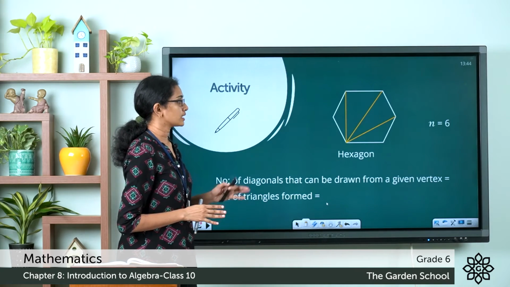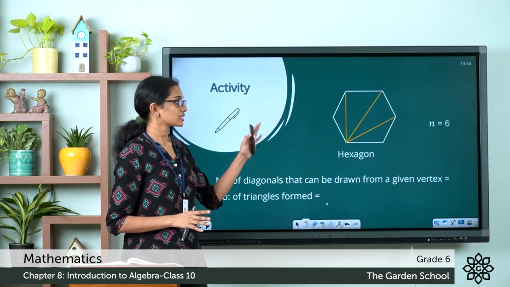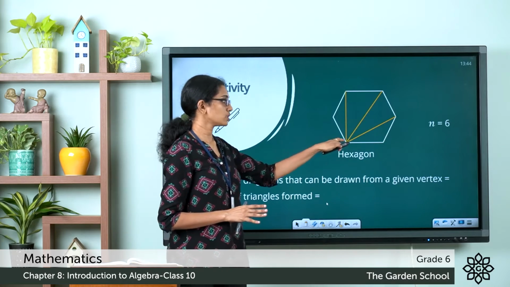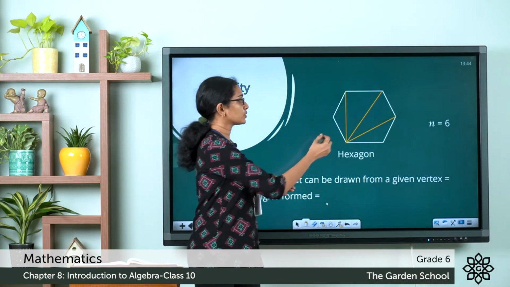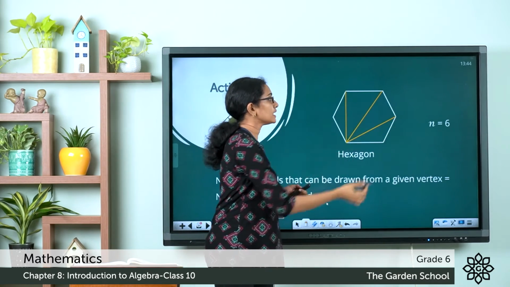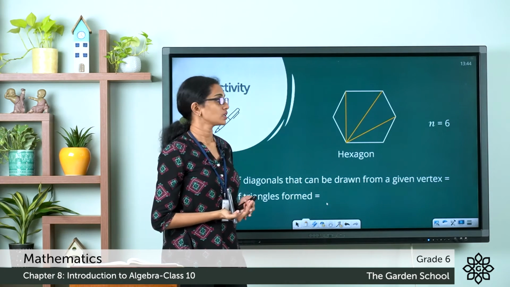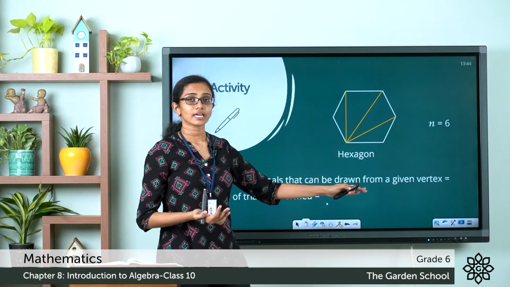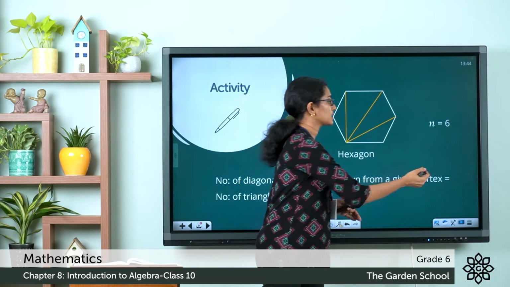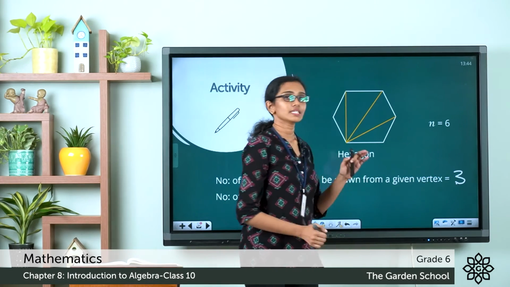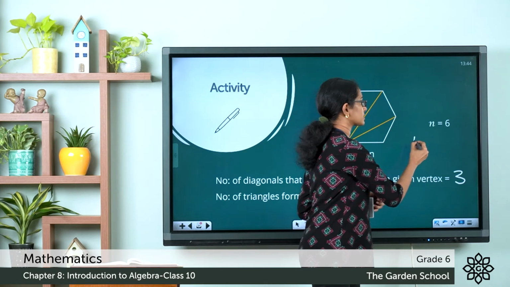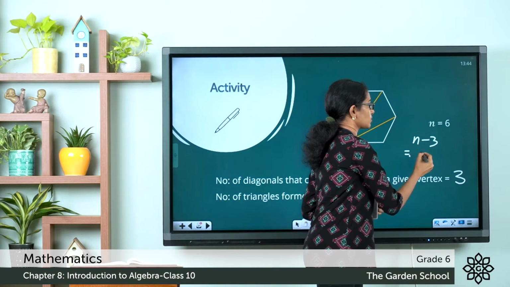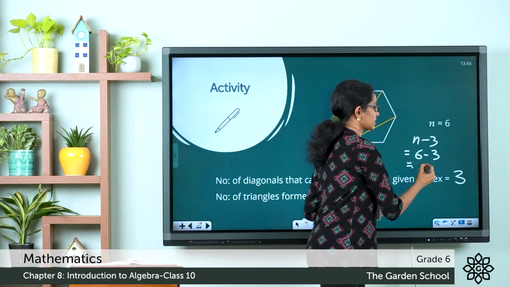Let's see the next polygon, hexagon. It is a polygon with 6 sides and I had chosen the vertex here and I could draw 1, 2, 3 diagonals in this case. You can try with the other vertices, but the number of diagonals that can be drawn from this vertex is equal to 3. Let's check the expression n minus 3. This is equal to 6 minus 3 and that is equal to 3.